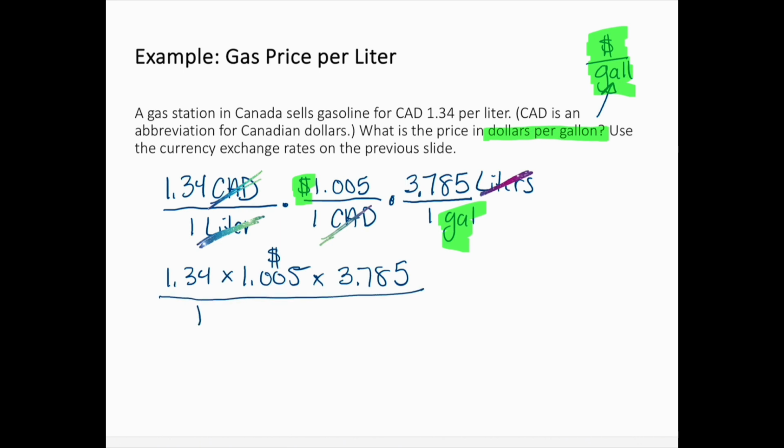Then on the bottom, I have 1. I crossed off the liters, so I don't need that. Times 1, crossed off the Canadian dollar, so I don't need that. And times 1, and then gallon. We still have that down there. When I multiply all of that out, I'm going to get that it's approximately $5.10 per gallon.